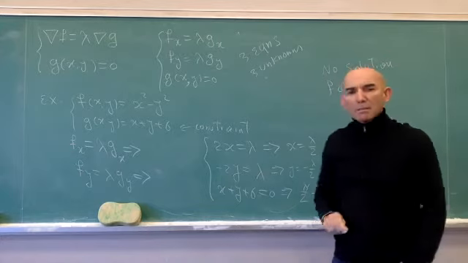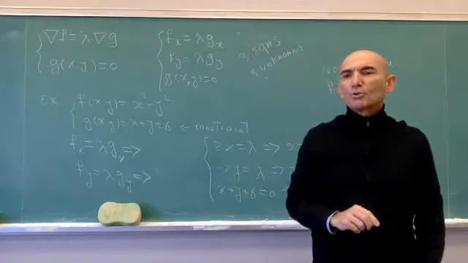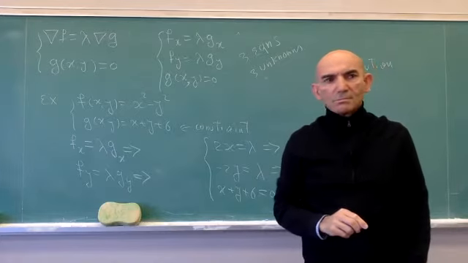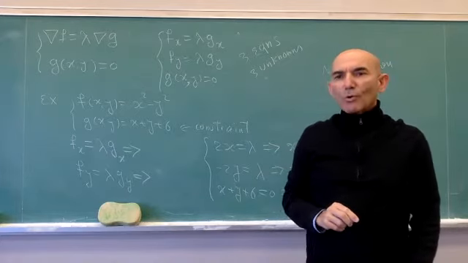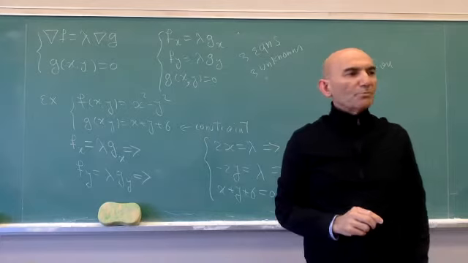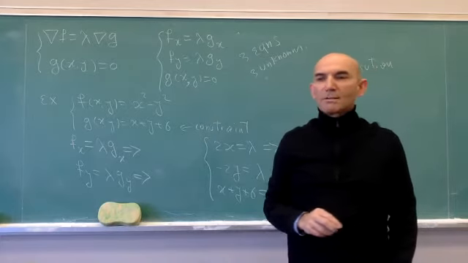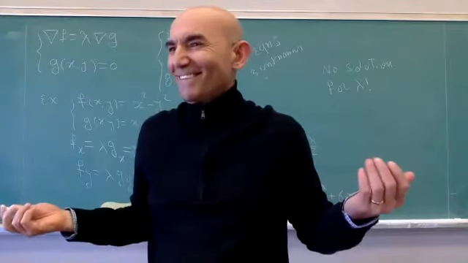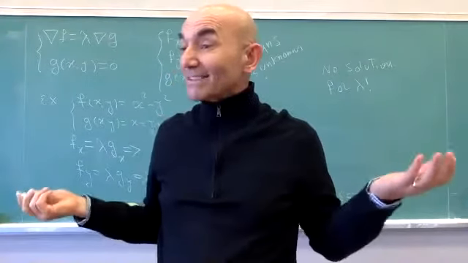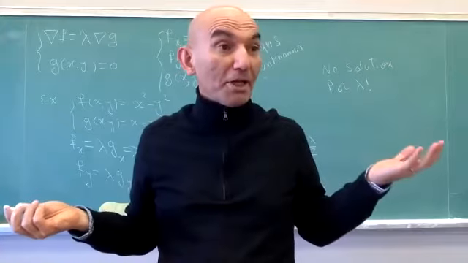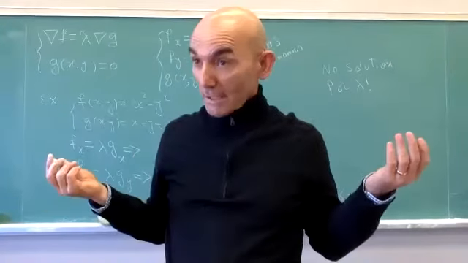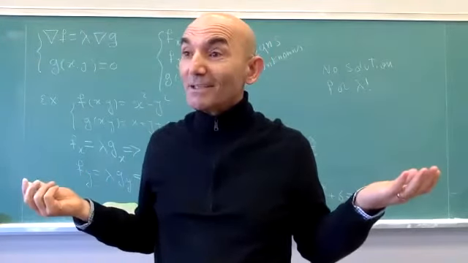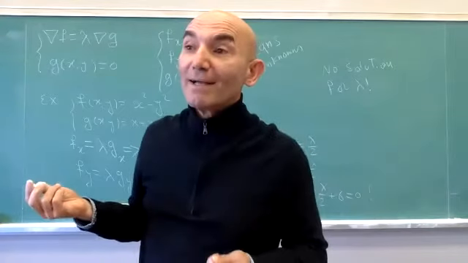What does that mean? We didn't find any solution. Is it the end of the world? Are we proving that God does not exist or exists or something like that? No, right? Is there a contradiction here or not? Yes, 6 doesn't equal 0.